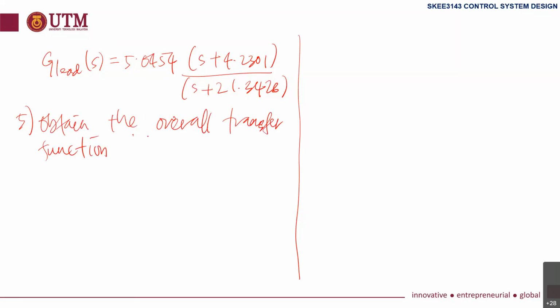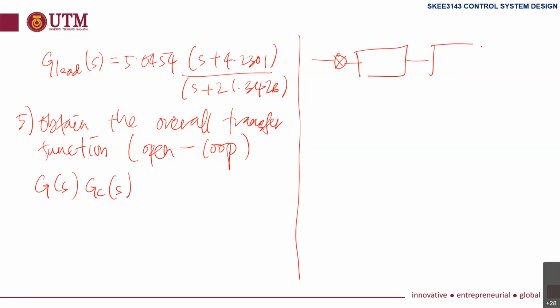The overall transfer function normally is the open loop transfer function, so it is G original system multiplied by G lead compensator, as in the block diagram. This is G lead, and this is G, the original system.